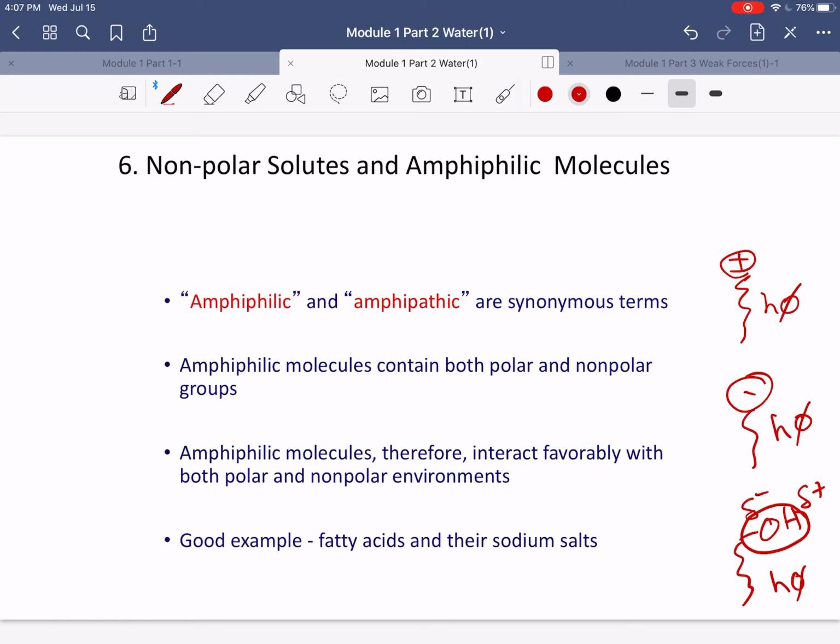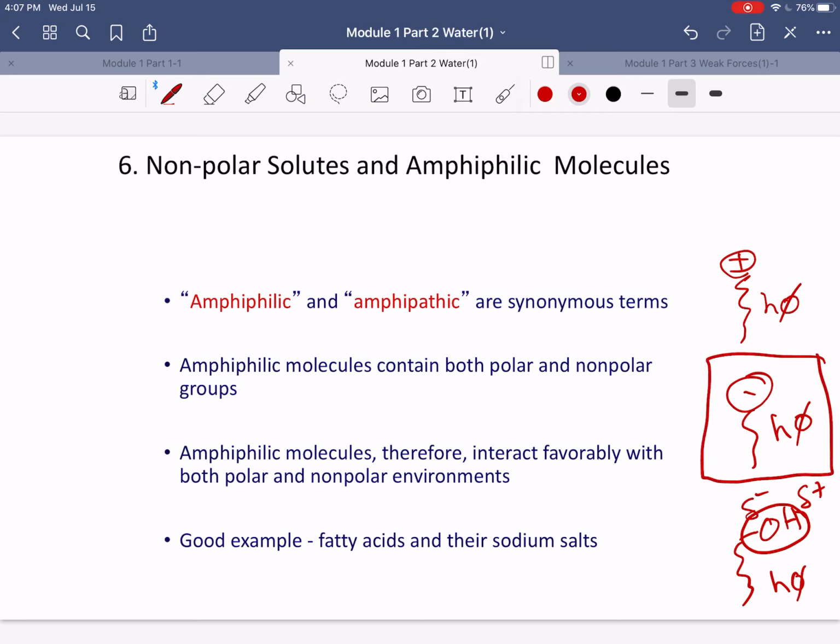All right, these actually organize in a very specific structure, and we can take advantage of the fact that amphipathic molecules organize in a specific structure, and you do this every day. Every time you wash your hands, you're using a soap, and soap is this molecule right here.